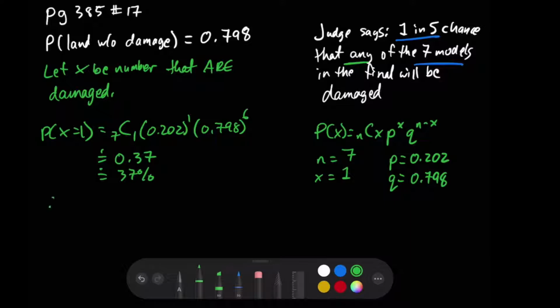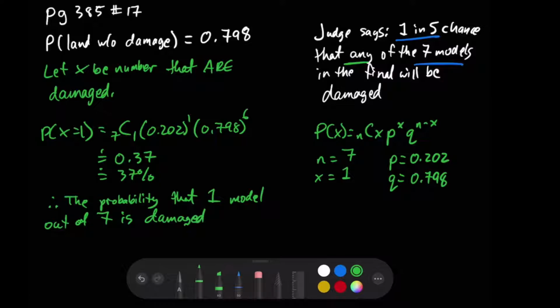Therefore, let's phrase it differently. Therefore, the probability that one model out of 7 is damaged is 37%. But this is a discussion question.